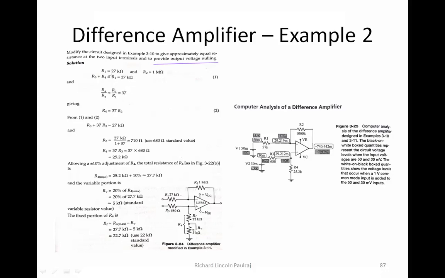We have these values here. When you substitute those values, just check if you're getting about 37. R4 by R3 is equal to R2 by R1. You have the R2 value and the R1 value, so try to divide 1 mega by 27.